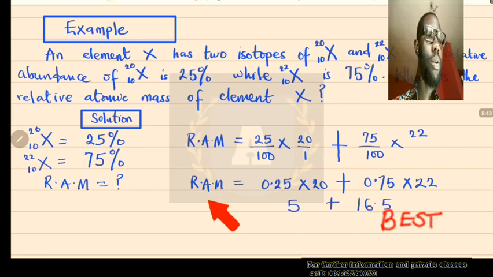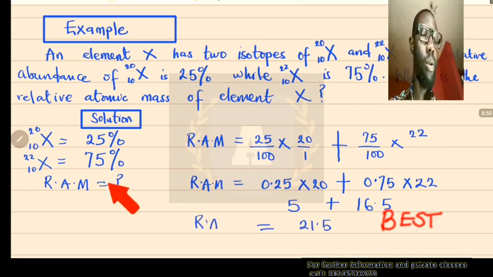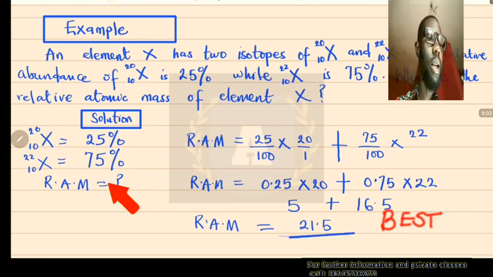So when we add 16.5 to 5, we got 21.5 as our R.A.M. So that is the relative atomic mass of that element X.